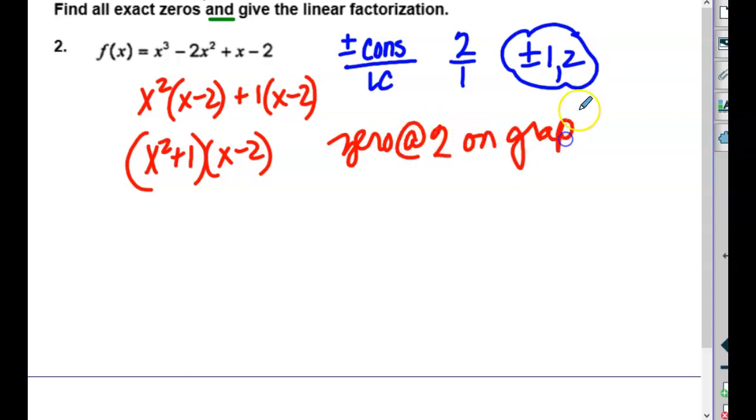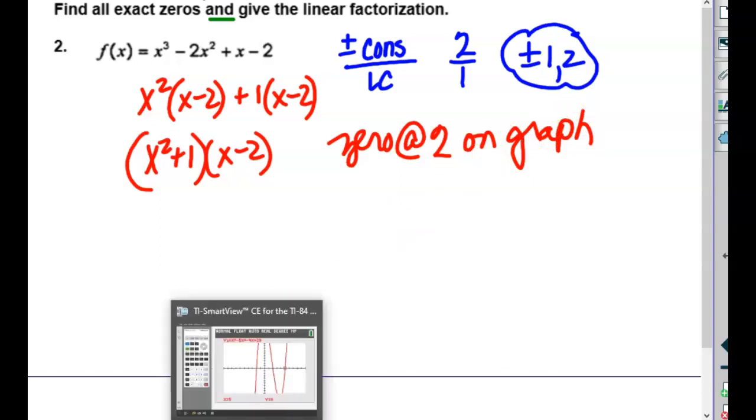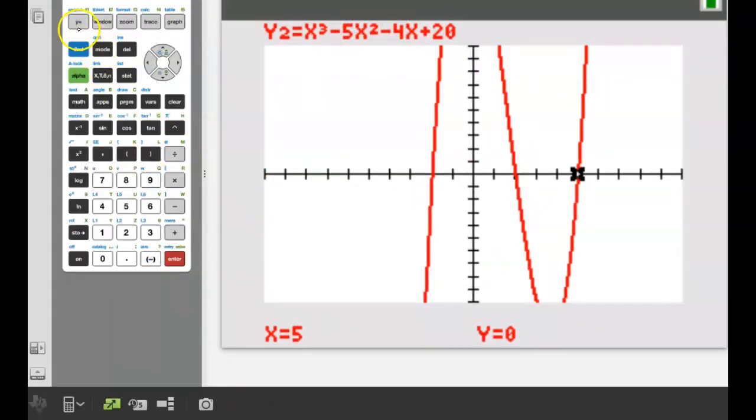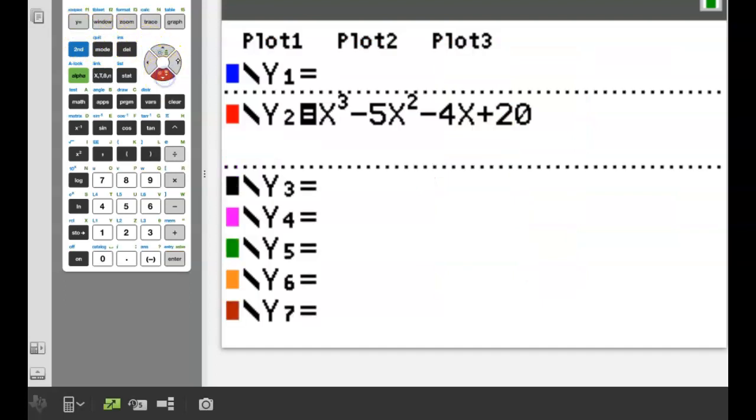Somebody need me to graph it? x cubed minus 2x squared plus x minus 2.